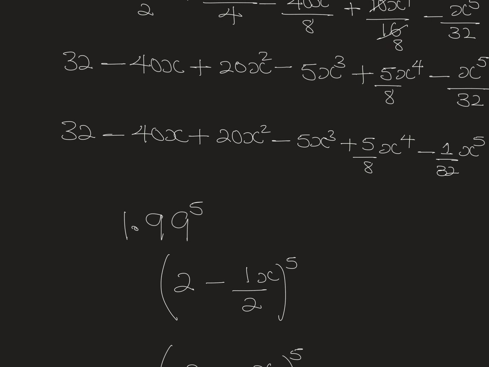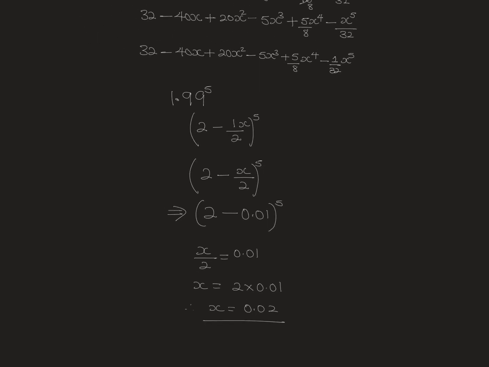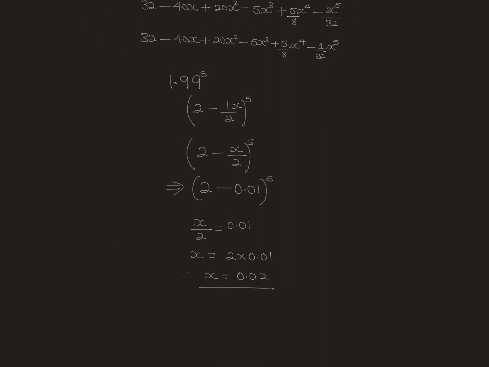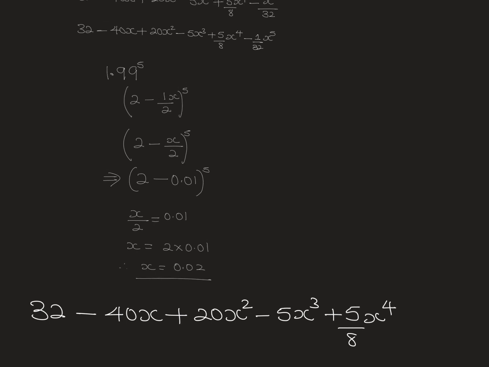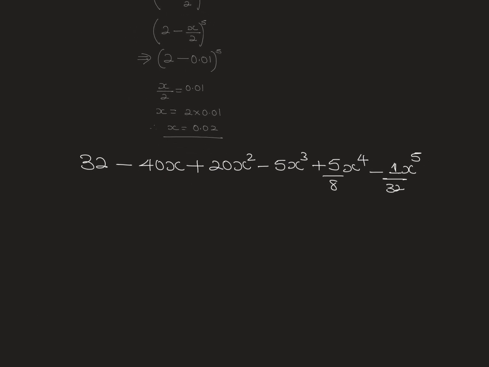So the expansion, what do we have? We have 32 minus 40x plus 20x squared minus 5x to the power 3 plus 5 over 8 x to the power 4 minus 1 over 32 x to the power 5. So what we're going to do is we substitute the value of x.